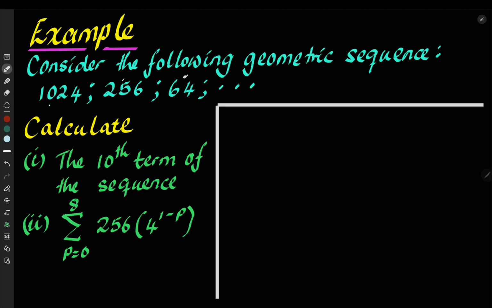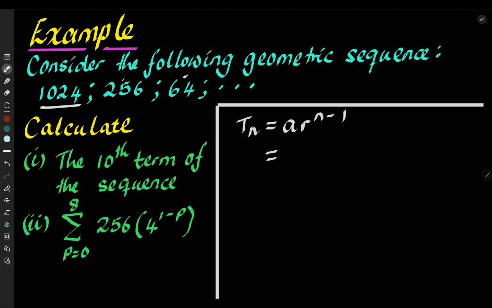Now, the first term of this sequence is 1024, the second term is 256, then 64, and so on. Now we are told to calculate the 10th term of this sequence. Remember, we are dealing with the nth term, so that is the 10th term. We said the general formula for the term is Tn equals ar to the power of n minus 1.